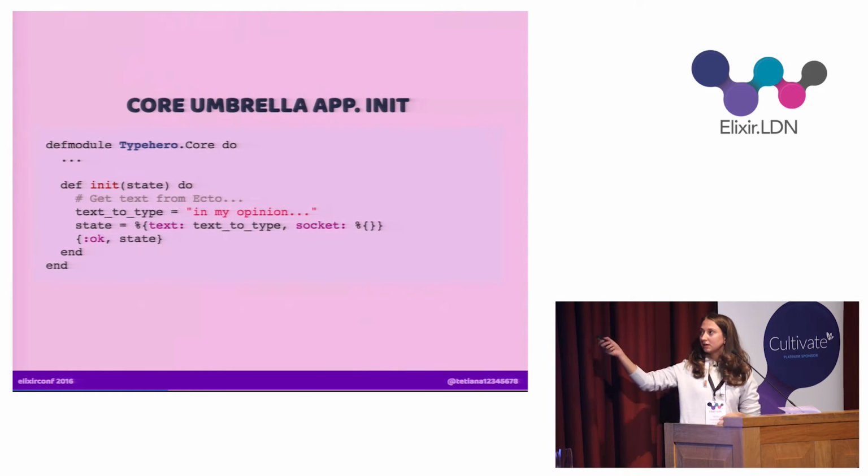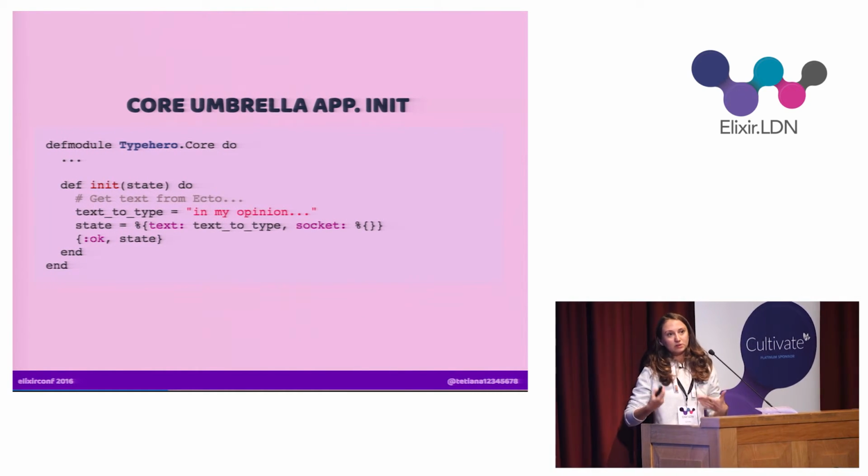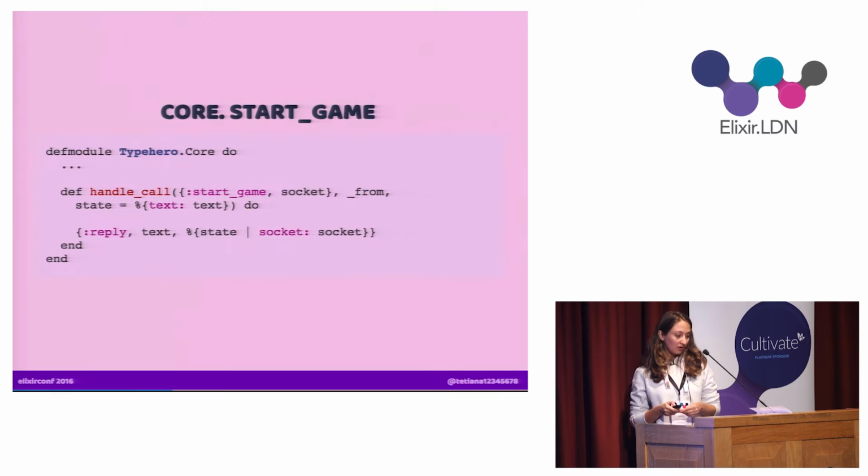If you noticed here, the socket is empty because when the application starts, it doesn't know anything about the socket, but it will at a later stage when we make our first call to this application. And then we start game. So we are listening to this message on our logic part. We get a text, and we now have a socket, so we just save it to the state so we could communicate at a later stage.